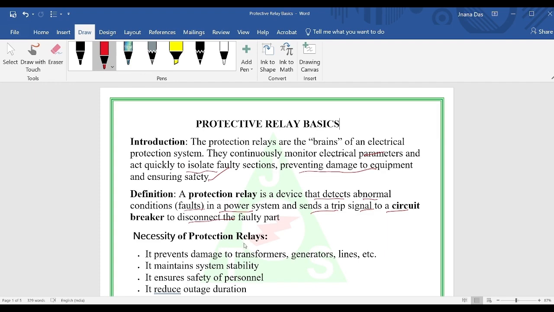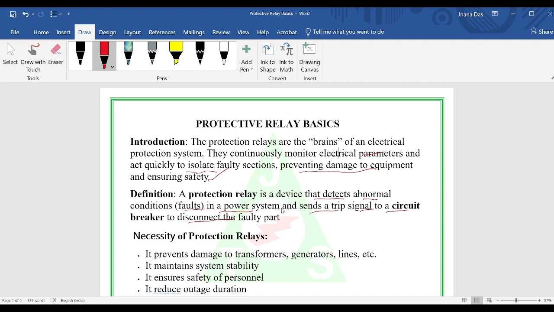Why is there a necessity of a protective power system? Number one, it prevents damage to the transformers, generators, lines, etc. And it maintains the system stability.